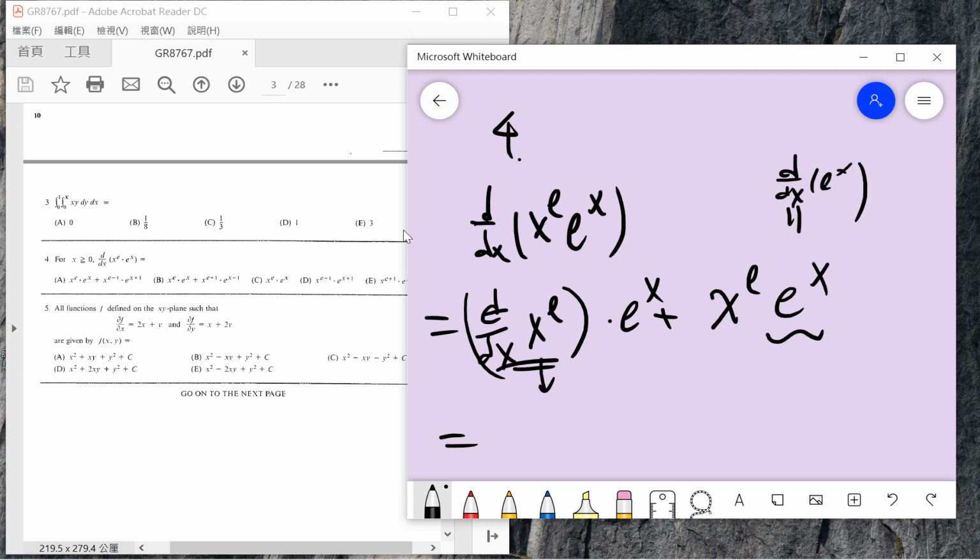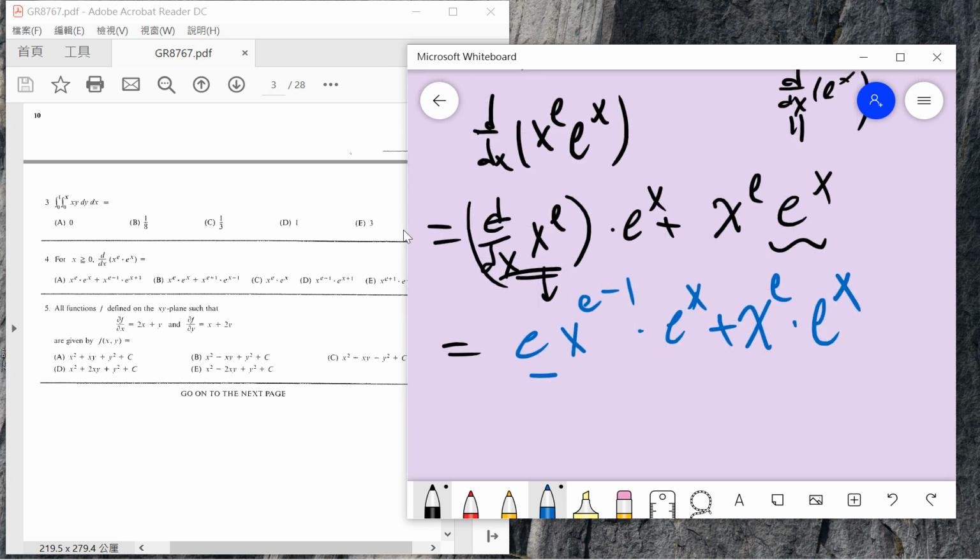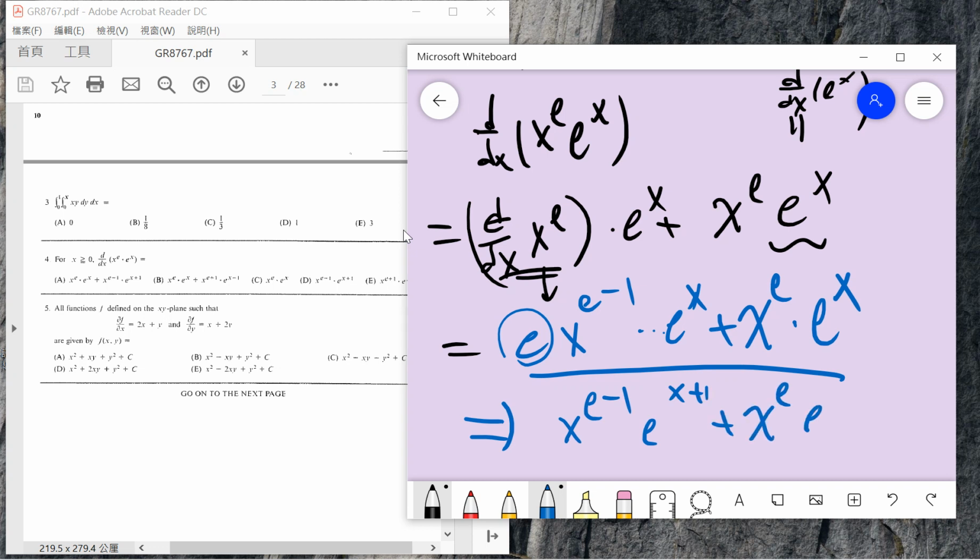Okay, so this is just e times x^(e-1), where e is the exponential, plus x^e times e^x. So the answer is, oh, and you combine this e and d. So the answer is A.